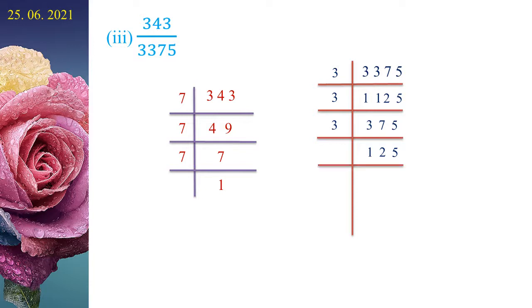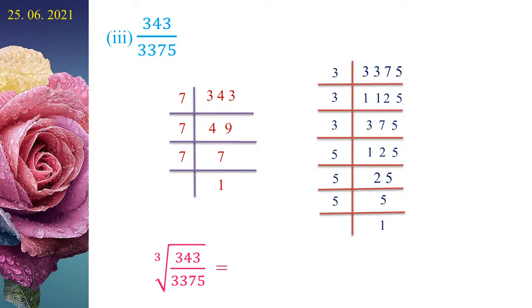The number 125 is divisible by 5. 2 5s are 10, 5 5s are 25. The number 25 is divisible by 5. 5 5s are 25. The number 5 is divisible by 5. We will get 1.